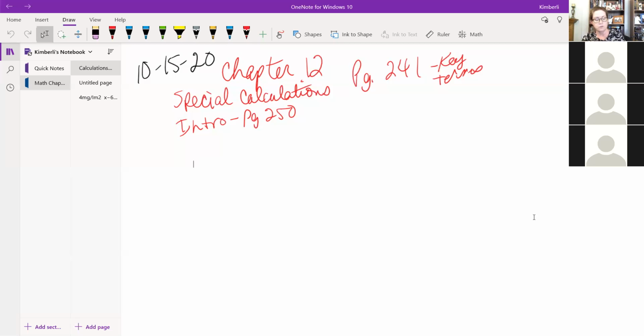So it looks at children, because children can use digoxin, adults or elderly, neonate full term, neonate premature, IV dosing, and it's basically 0.125 to 0.375 milligrams per day.